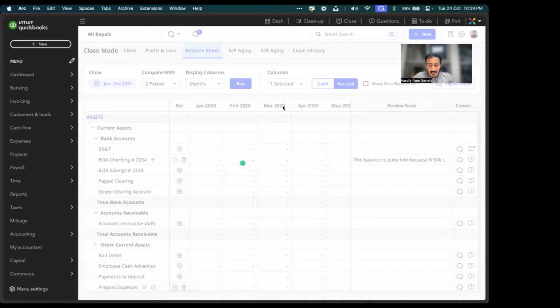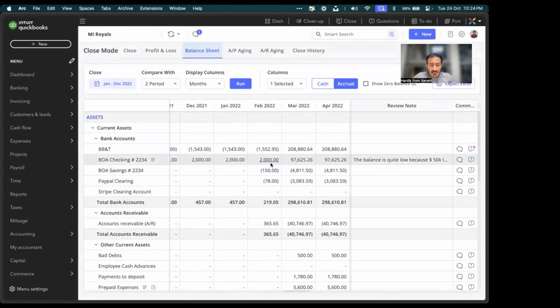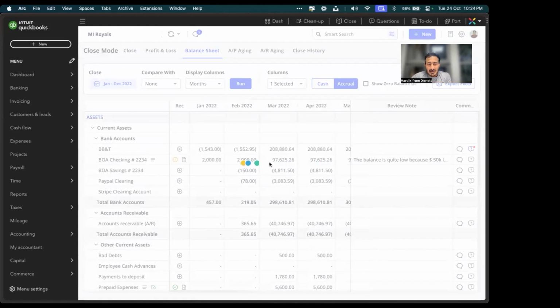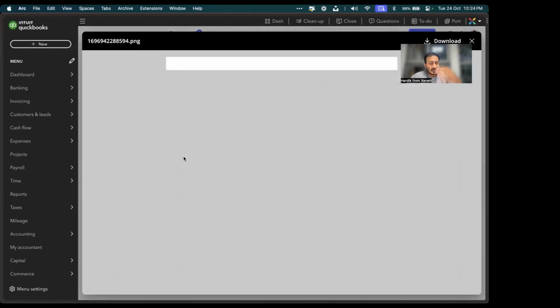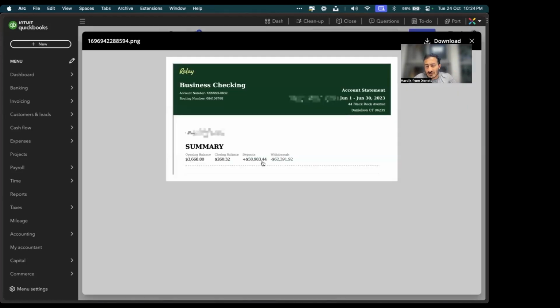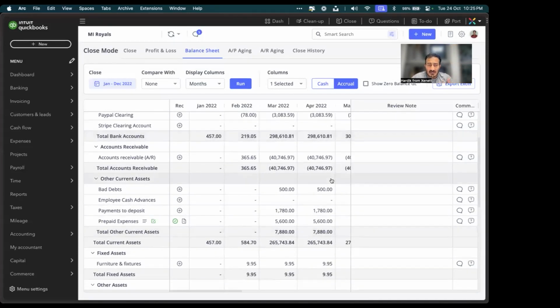For every single balance sheet account that he sees, we literally have documentation. If we had any question for any of these accounts, we immediately pull up the statements here, can see that this account is matching and it's all good, right? So every single account has documentation.